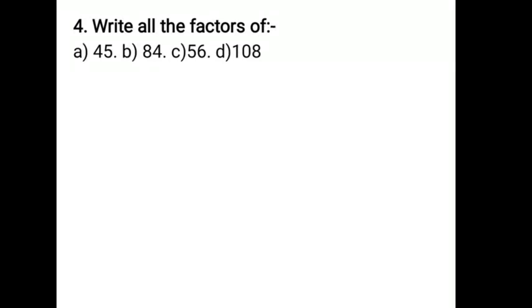So let us find the factors of 84 now. Let us start with the smallest number, that is 1 into 84, so 1 into 84 is equal to 84.